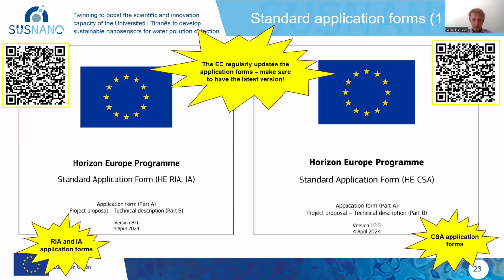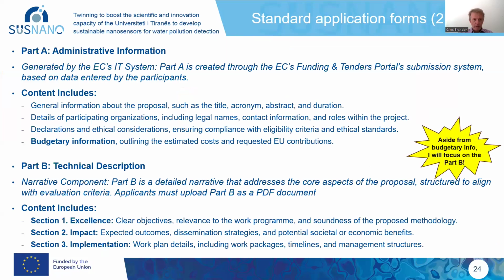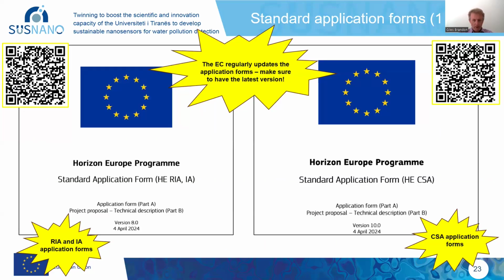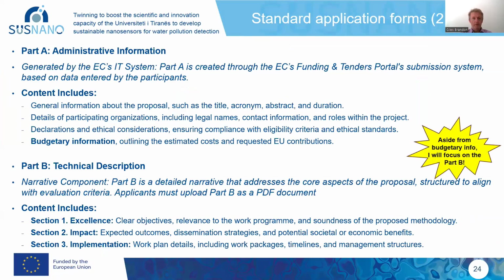Okay, before we move on, you might notice on both of these covers, below the title where it says standard application form, some text saying application form part A, and below that, project proposal technical description part B. I'd like to elaborate on what those are all about.